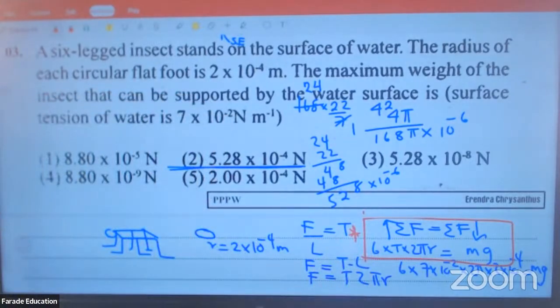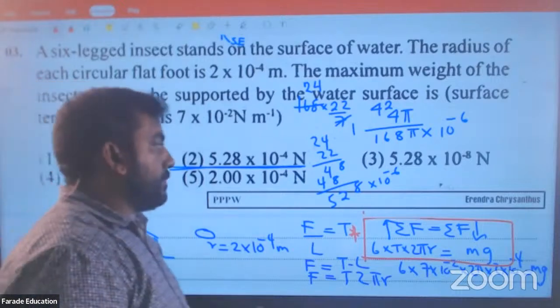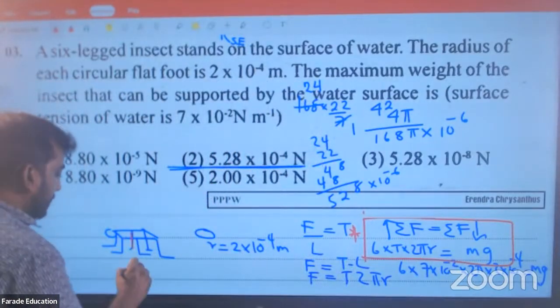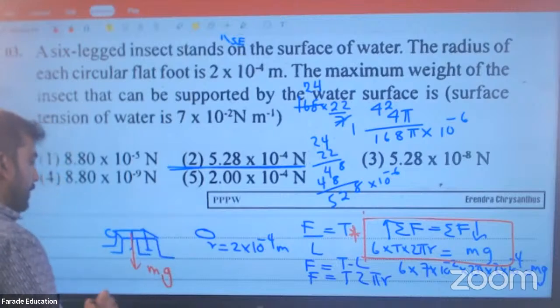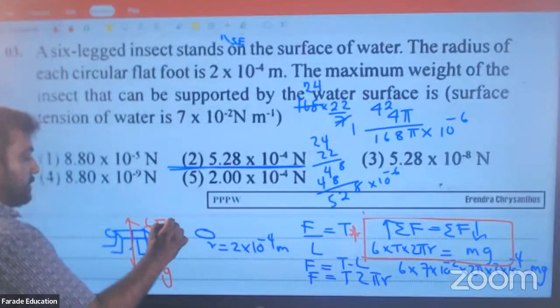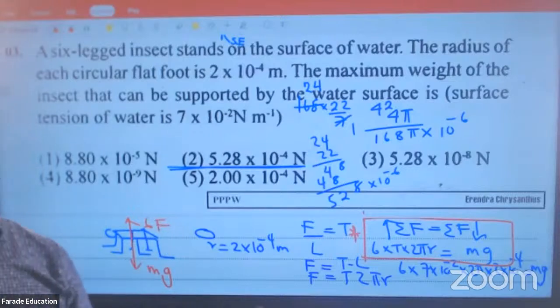Quickly write down. Right now, this animal is balanced by 6 surface tension force.